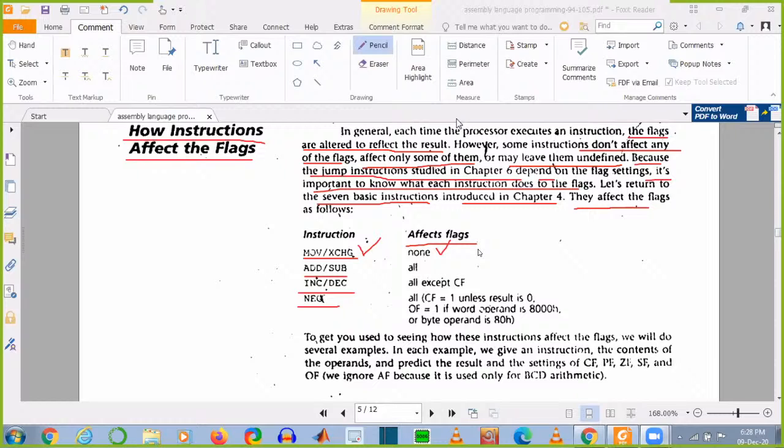Okay, same. Your answer is correct, but not fully correct, because not affected means it will always remain zero.